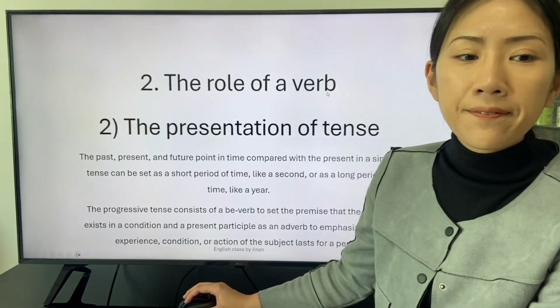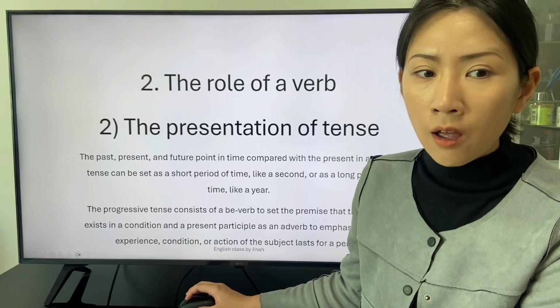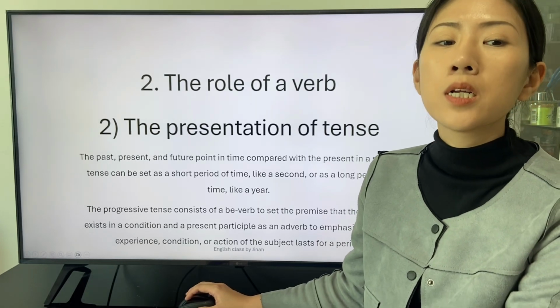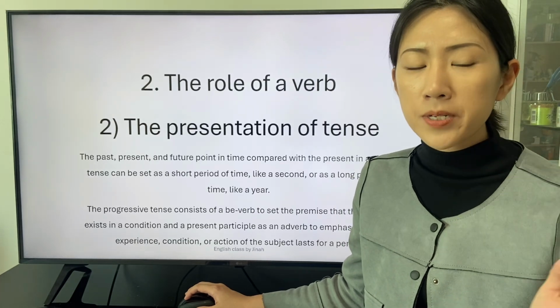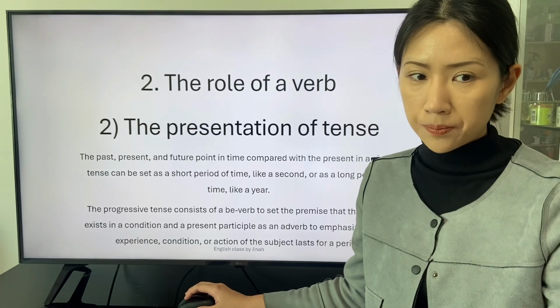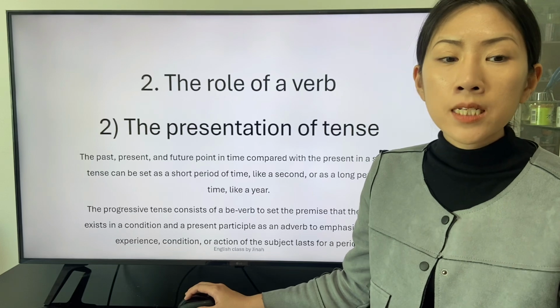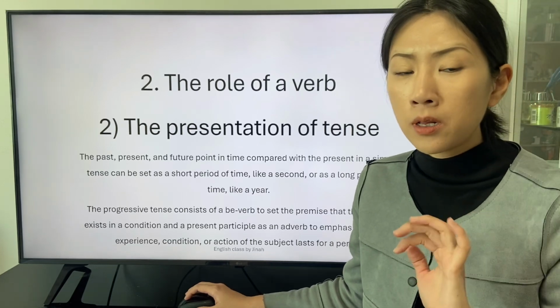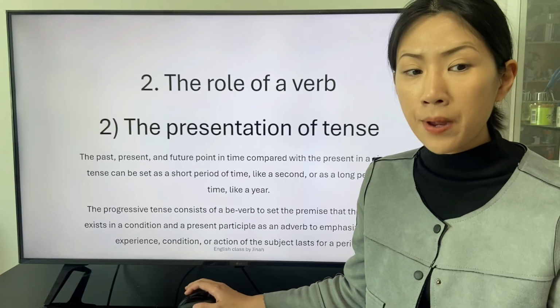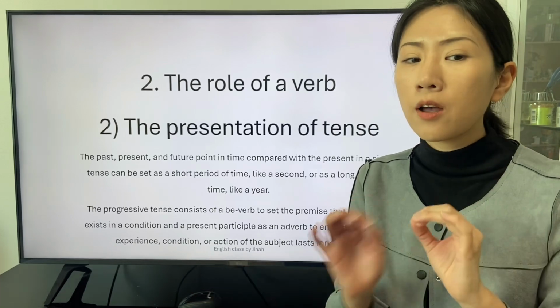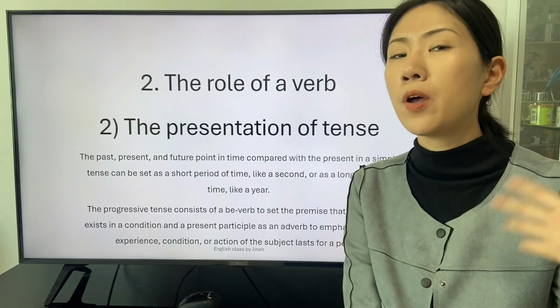The progressive tense consists of a be-verb to set the premise that the subject exists in a condition, and a present participle as an adverb to emphasize that the experience, condition, or action of the subject lasts for a period.